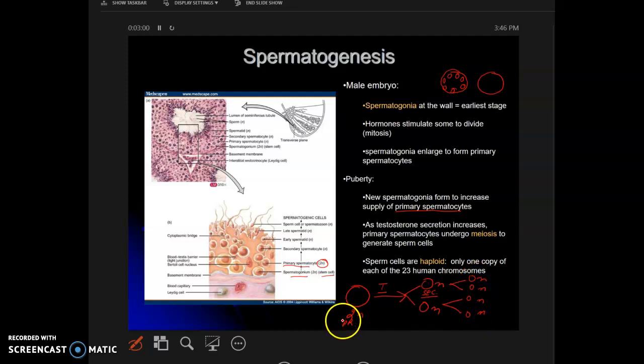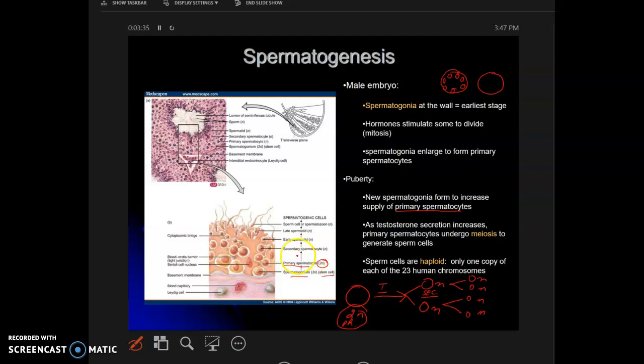So basically meiosis is a special type of nuclear division, and spermatogenesis is a type of meiosis, right? When you start out with one diploid cell, you will end up with 4 haploid daughter cells. Got it? So here, like we said, the spermatogonial cell, which is a stem cell, produces many primary spermatocytes, diploid.